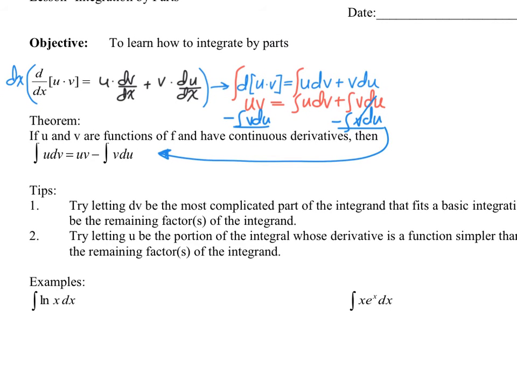But right now you might look at something as simple as the natural log of x dx. If I were to ask you what the natural log's antiderivative was, do you have that answer? Maybe you do. It's something you could memorize because it's one of the basic functions. We know the derivative of ln x is what? 1 over x. But do we know the antiderivative? Something plus c, exactly.